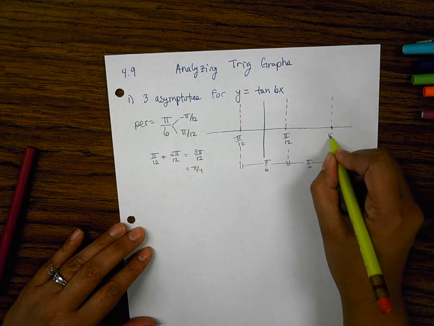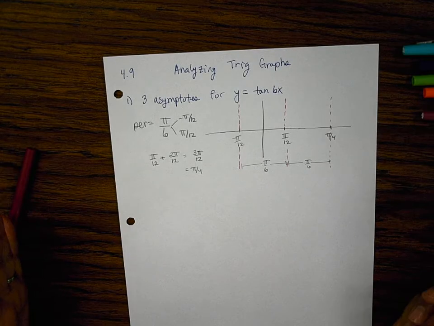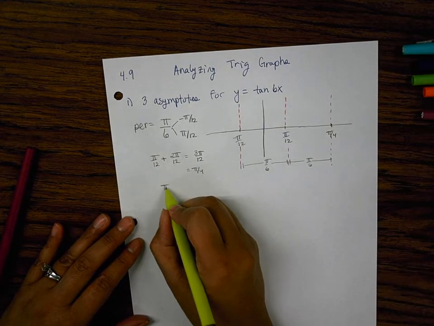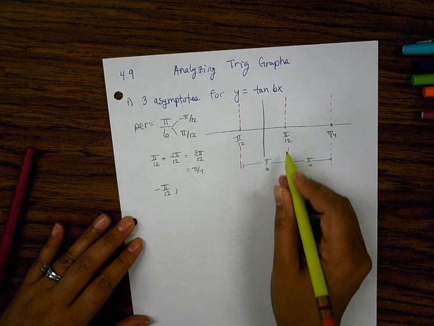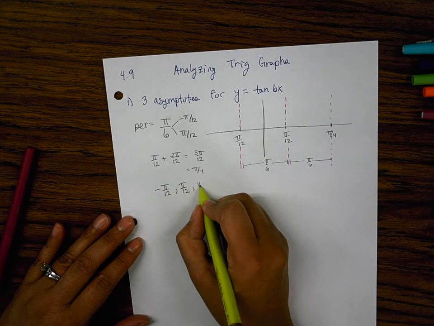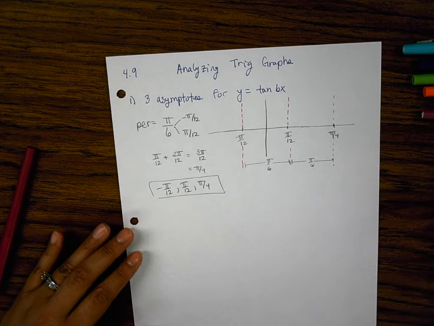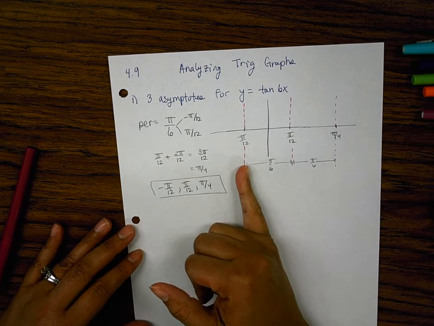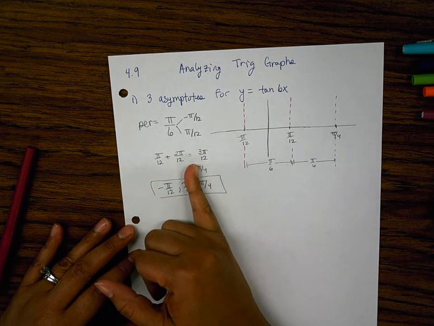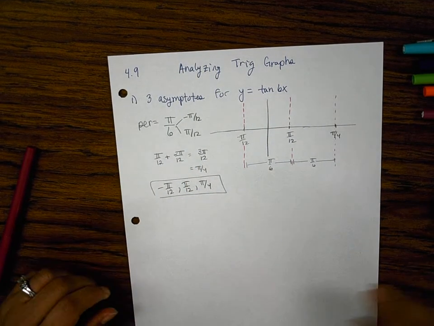So this one here is pi over 4, and that's it. I'm done. I have my 3 asymptotes: negative pi over 12, positive pi over 12, and positive pi over 4. Again, if you wanted to, you could have done negative pi over 12 minus pi over 6 to go in the other way.